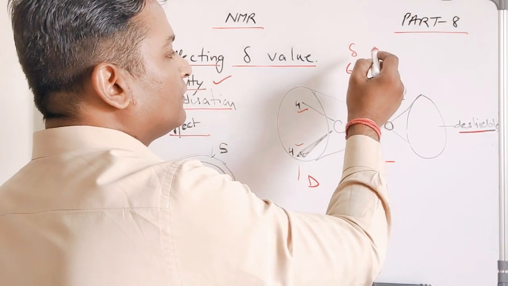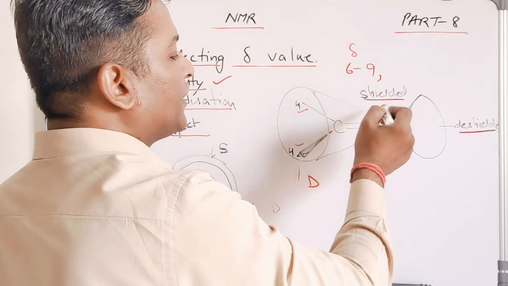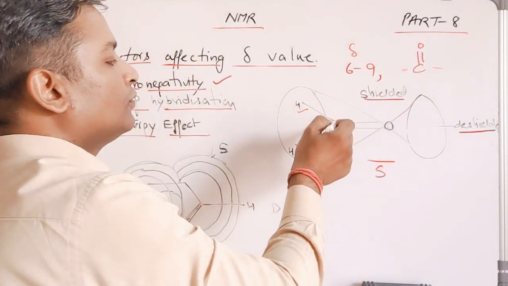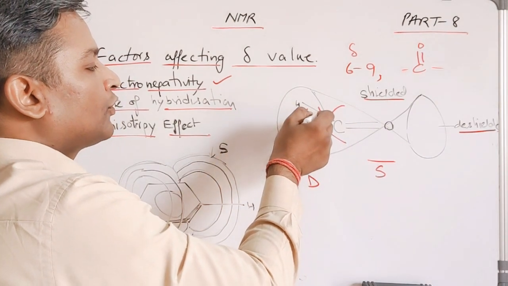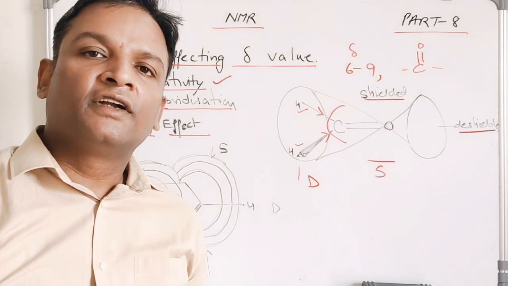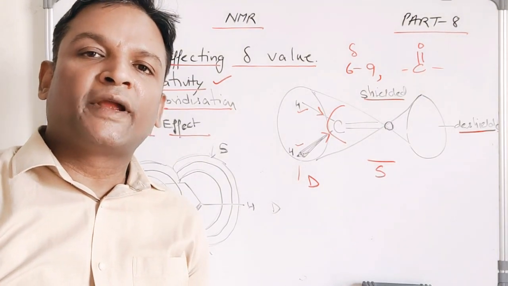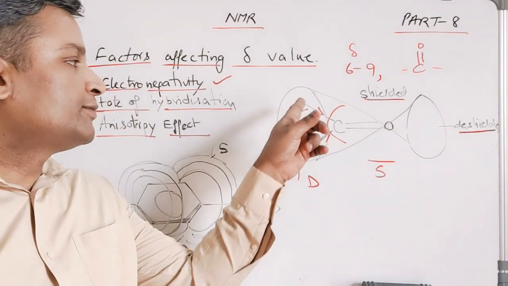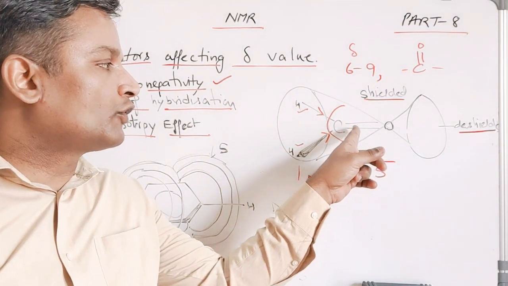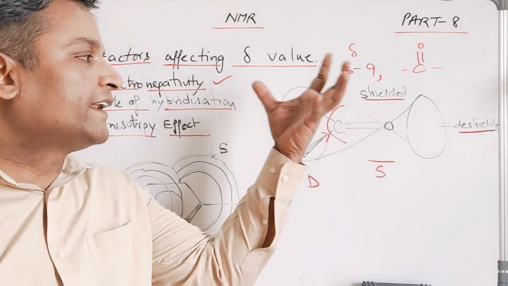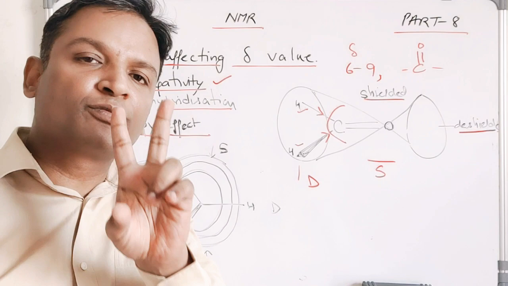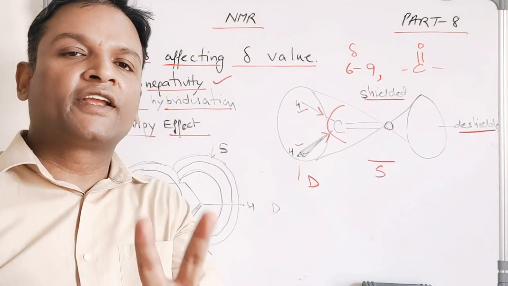And the second factor is the electronegativity of CO. This CO withdraws electrons toward itself and makes the protons less shielded, or de-shielded, and hence these protons experience a very effective de-shielding due to electron withdrawal by the CO and the de-shielded environment from the anisotropic effect. So these two effects are responsible for the high delta value in the case of aldehyde.